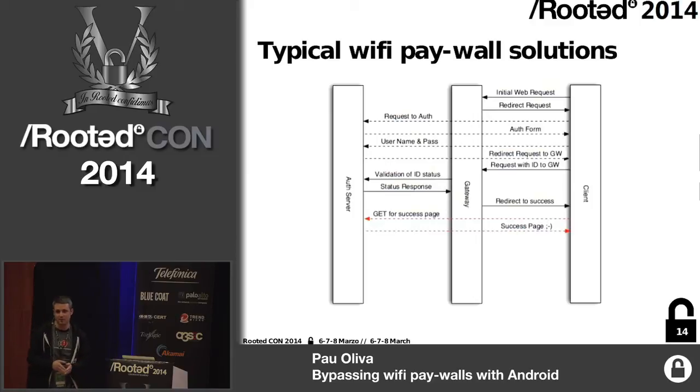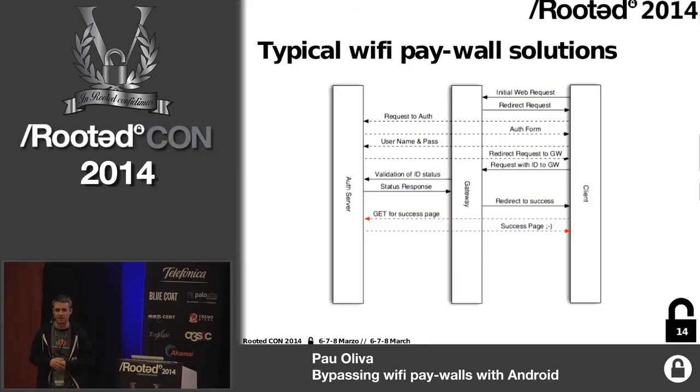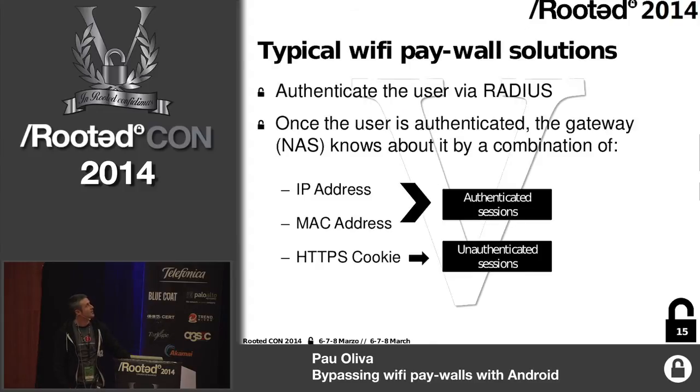There are two possibilities: RADIUS is accepted or rejected. If it's accepted, the client is marked as authenticated on the internet. If it's rejected, it gets back to the previous website because your credentials are not valid. This is how it works. As you can see, it's very simple. There are no secrets in between.